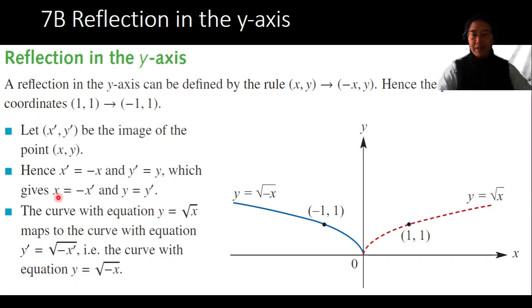We make x the subject, and we substitute into the function, and we end up with y prime equals square root of negative x prime, or y equals square root of negative x, which is the blue curve again, and it's a symmetry about the y-axis.